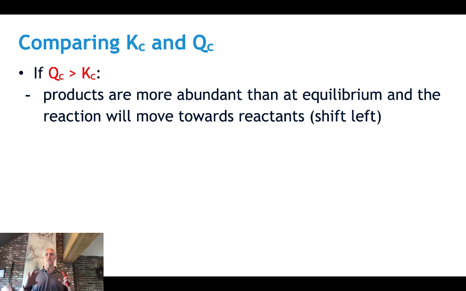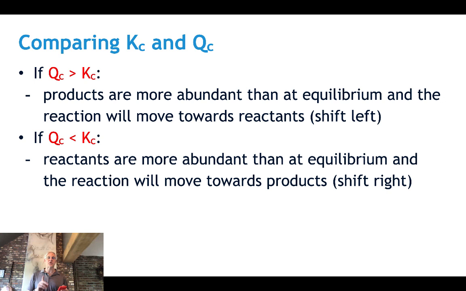That means that you have too much product and not enough reactant to be at equilibrium. And that means that the reaction still has to move in the reverse direction. You have to consume some product to make the concentration go down and create a little bit more reactant in that reaction in order to get to the equilibrium concentrations so that the ratio will be equal to K.